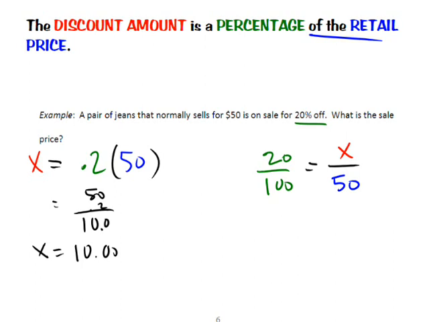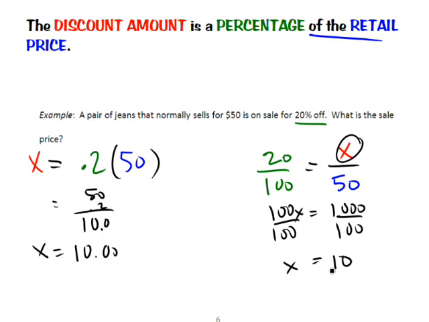And now simplify, cross multiply, and solve. I'll avoid simplifying and just cross multiply. 50 times 20 is 1,000. 100 times x, 100x. Divide both sides by 100, and x equals 10. X was our discount amount, so our discount amount is $10.